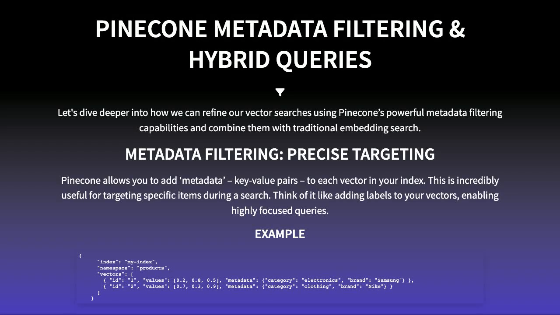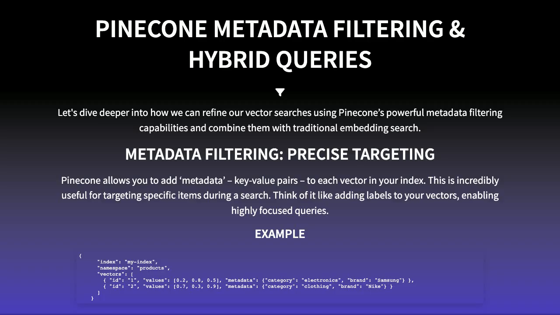Okay, let's talk about taking our vector searches even further with Pinecone. We've already seen how to use embeddings for semantic similarity. Now, we can add another layer of control through metadata filtering. Think of it like adding labels to each item in your index: category, brand, price, whatever makes sense for your data. Pinecone lets you associate key-value pairs called metadata with each vector.